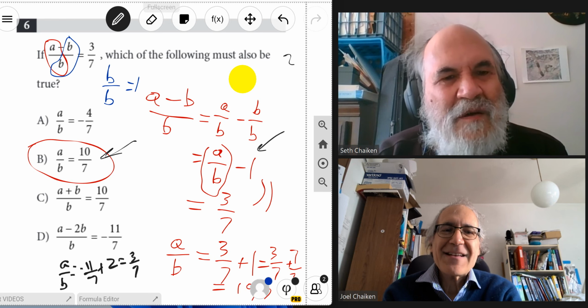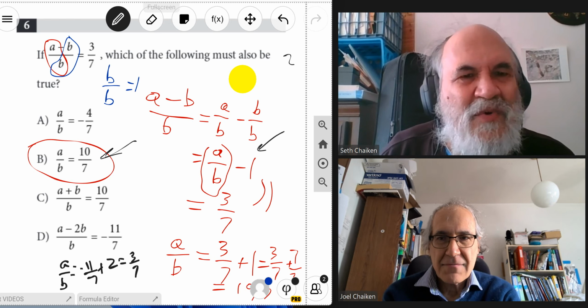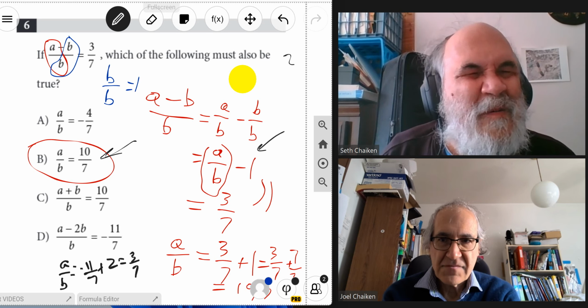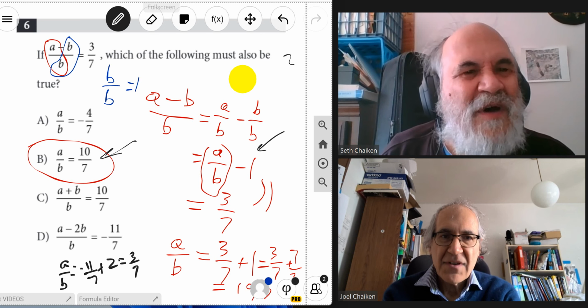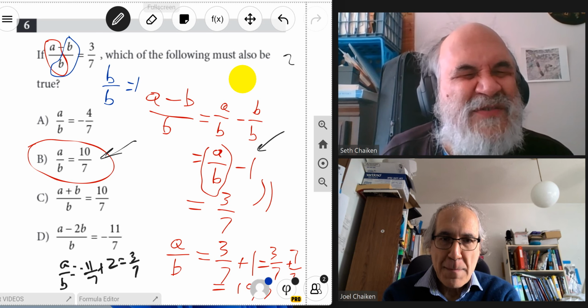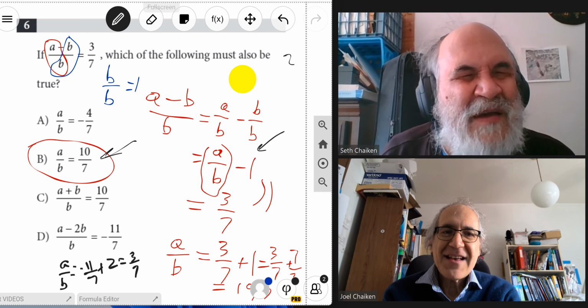No, that's not my question. I saw ahead of time, without writing this out, that I could get A over B by getting rid of the minus 1 on this side. I think if I were doing the question in a test, I would do it mentally and save time from writing.